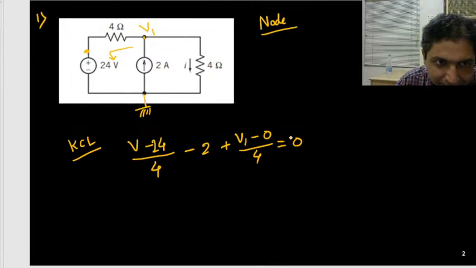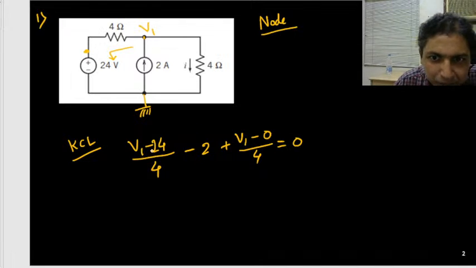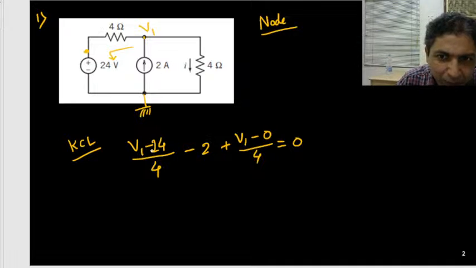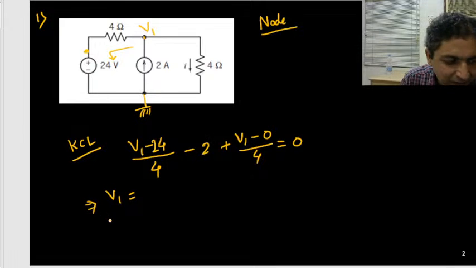Am I correct? So can you solve for V1? So this is exactly V1. Can you find V1? Anyone please? What is V1? That easily we can find out this V1. So this 4 we can multiply here.